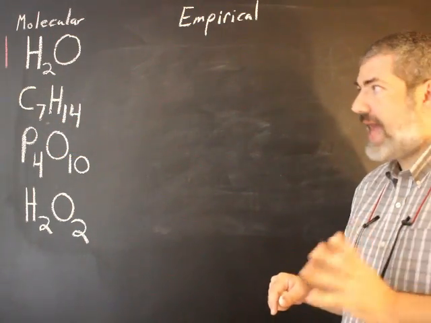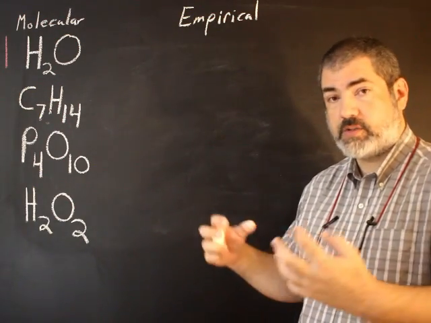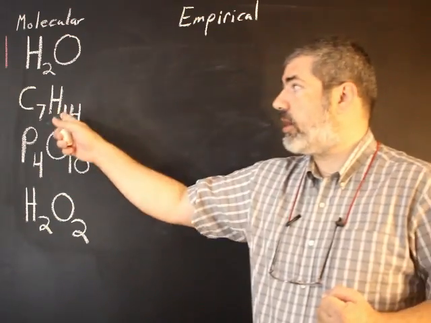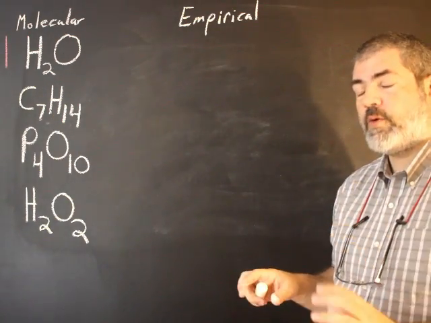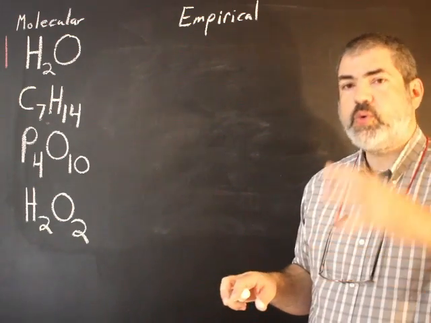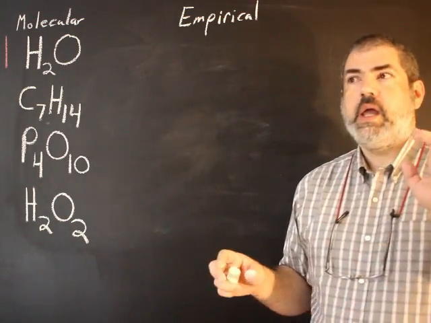But that doesn't mean in the real world the molecule exists as 1 carbon and 2 hydrogens. The molecular formula is the true formula, the true composition of a molecule.